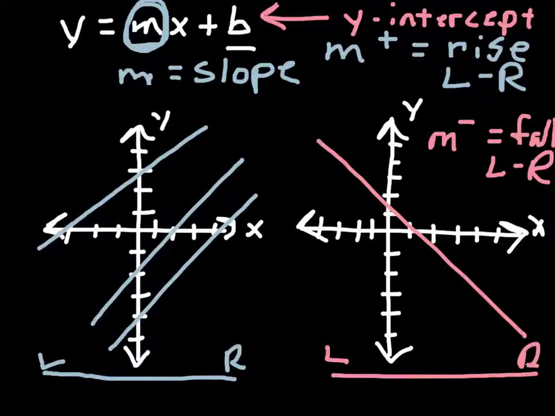It's declining. Or another example would be this line. It's falling. It's declining. It's going down, if you want to phrase it that way. So if this number right in front of the x is negative, that means we have a negative slope. So two things that you want to make note of: What does a positive slope look like? What does a negative slope look like?